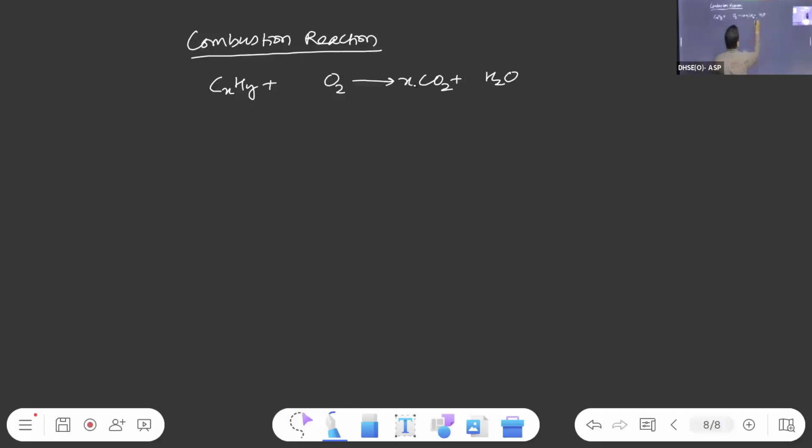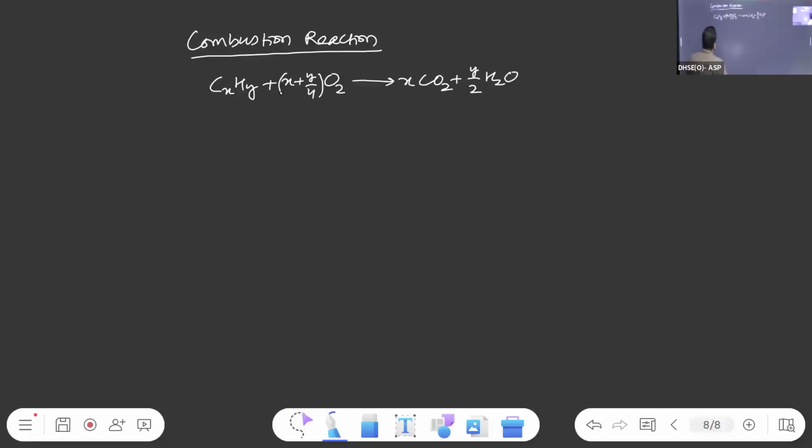And how many water? y/2 water. And how many oxygen? x plus y/4 oxygen. This is the general combustion reaction for hydrocarbon, whether alkane, alkene, alkyne or aromatic hydrocarbon, any hydrocarbon. CxHy plus O2 gives xCO2 plus y/2 H2O. So oxygen will be x plus y/4.